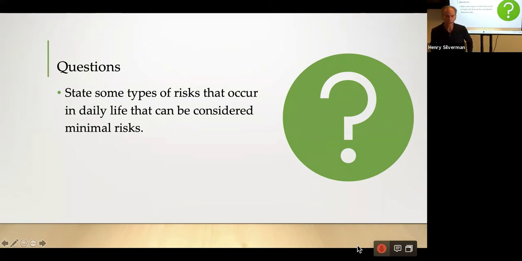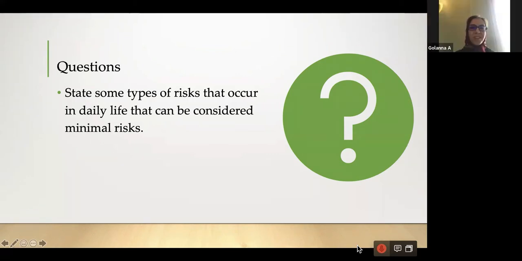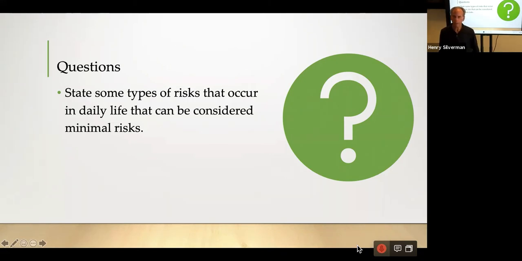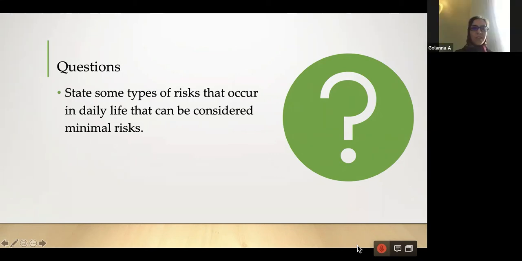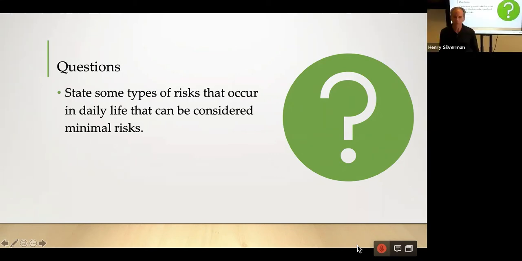What about flying in airplanes? That's not regular. That's quite rare. Yeah, maybe once or twice a year. Okay, but is that minimal risk? It is also the probability of harm times the magnitude.